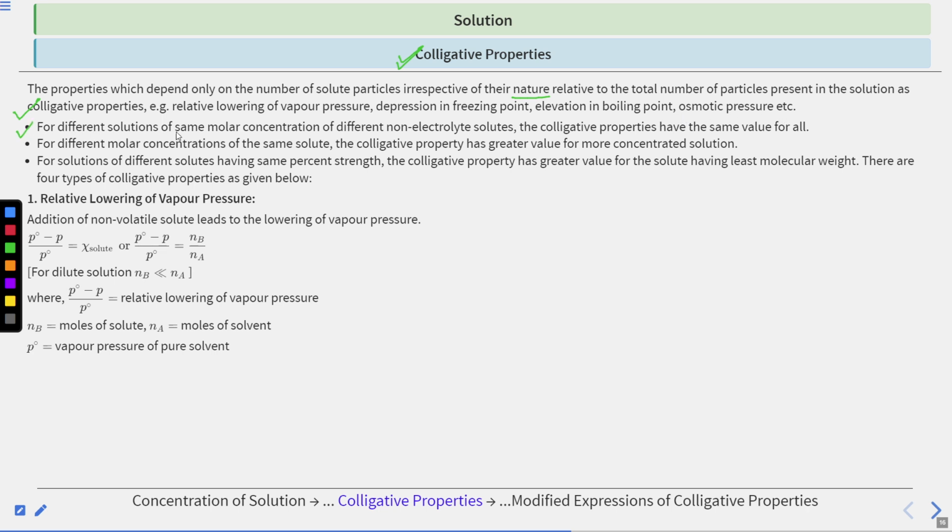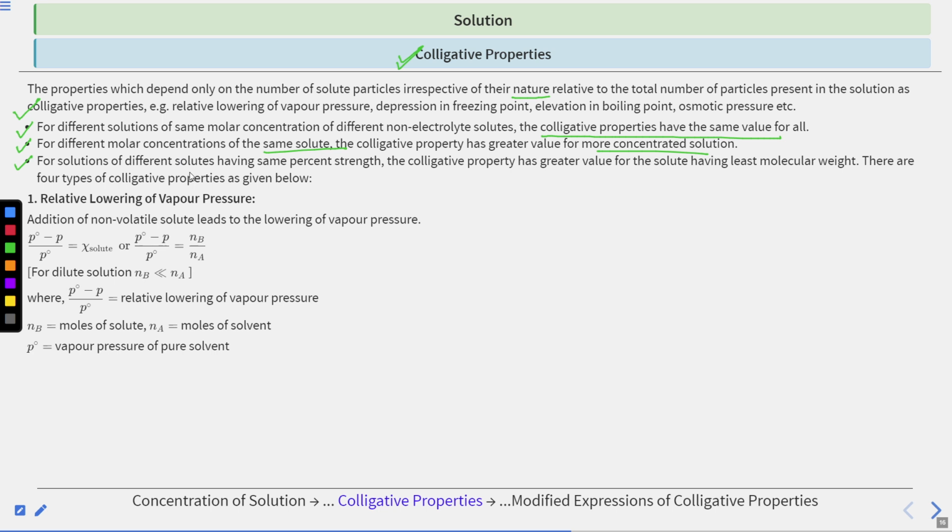For different solutions of the same molar concentration of different non-electrolyte solutes, the colligative properties have the same value for all. And for different molar concentrations of the same solute, the colligative property has a greater value for the more concentrated solution.